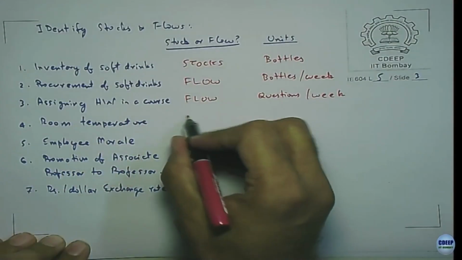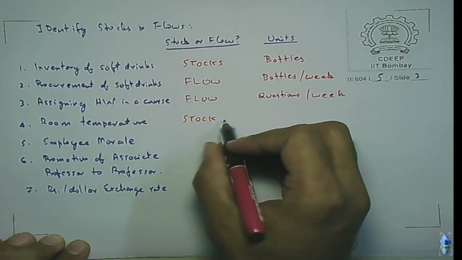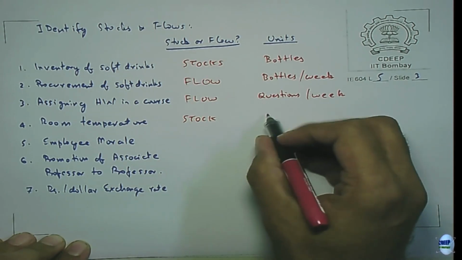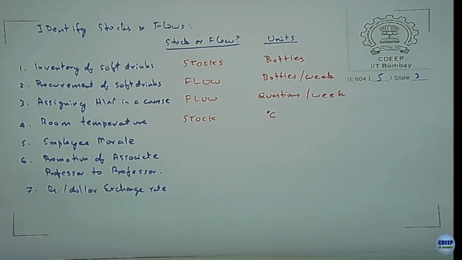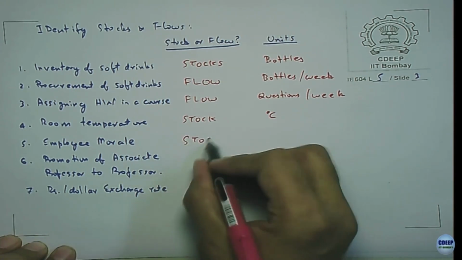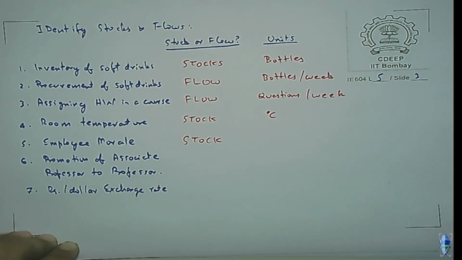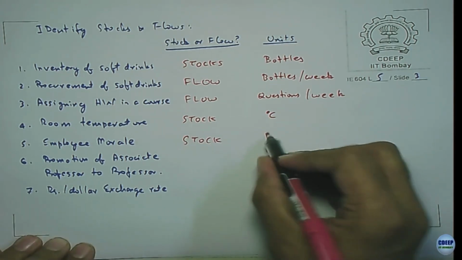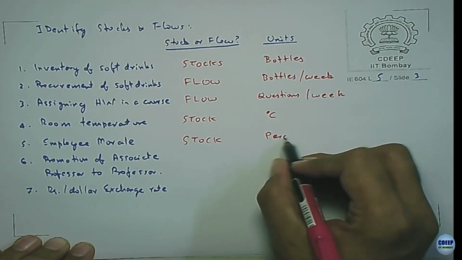Room temperature, units? Okay, degree Celsius, fine. Employee morale, units? No, it can't be unitless. You have to come up with some unit. So let us keep it simple and call it, say, percentage.